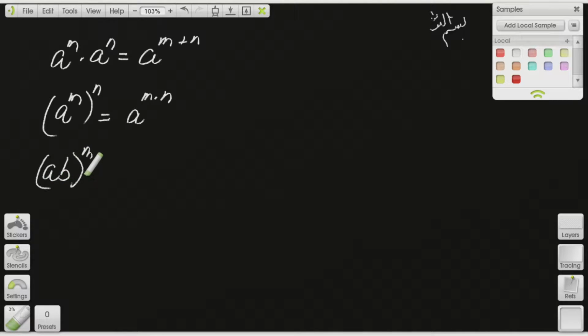Now they're two different things. This is kind of like the distributive property, so to speak, of the powers. This is a to the m times b to the m. So this rule is called power of a product.